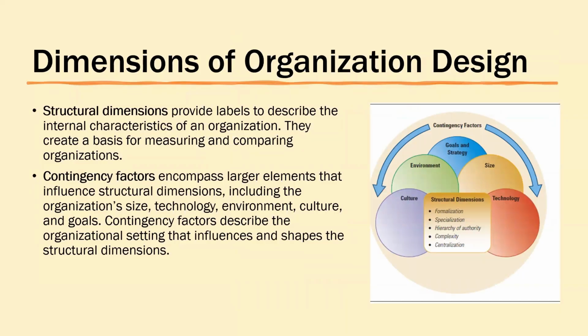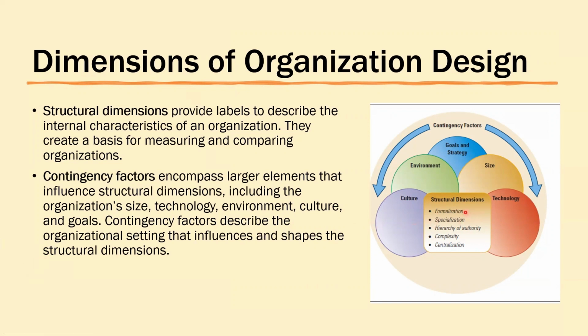Now, organizations have different dimensions, and we call them the structural dimensions and the contingency factors, and they're all dimensions of organization. Structural dimensions provide labels to describe the internal characteristics of an organization. They create a basis for measuring and comparing organizations.